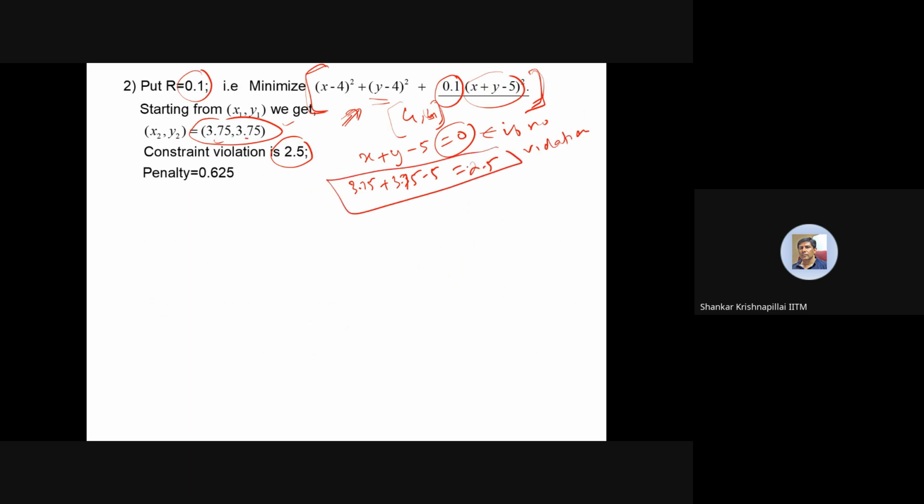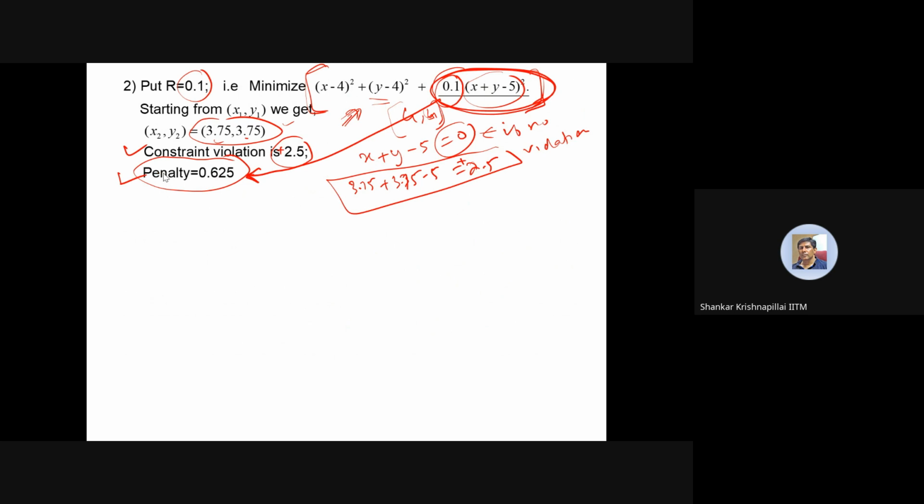So the constraint violation is plus 2.5, and the entire penalty term works out to 0.625. So the constraint violation is there, and the penalty term is also there.